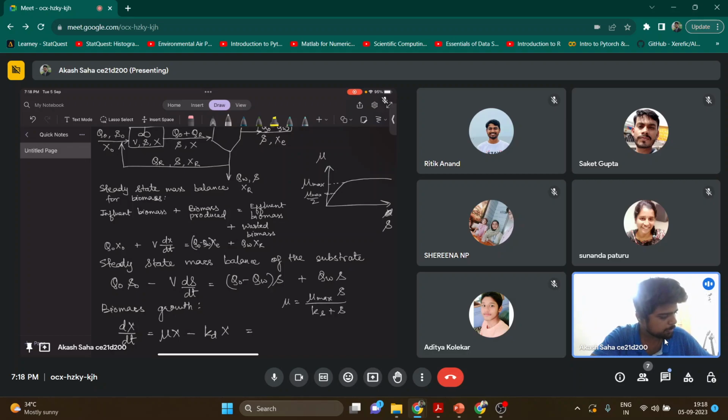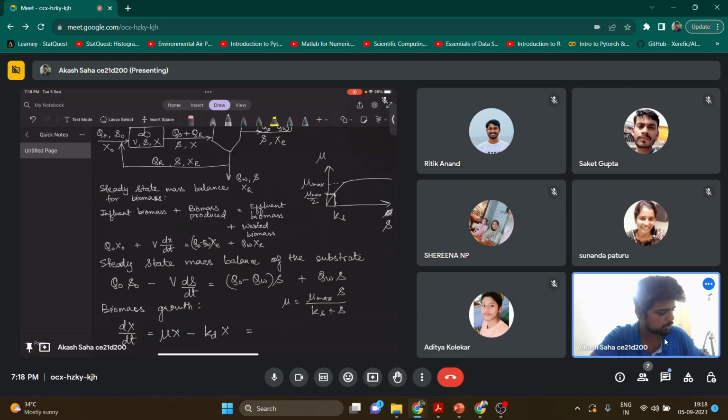Whatever my substrate concentration is at this half rate will be equal to Ks. That is my half saturation constant. So whenever my substrate concentration is equal to the concentration at which my growth rate is half of the maximum, that is my half saturation constant, Ks.